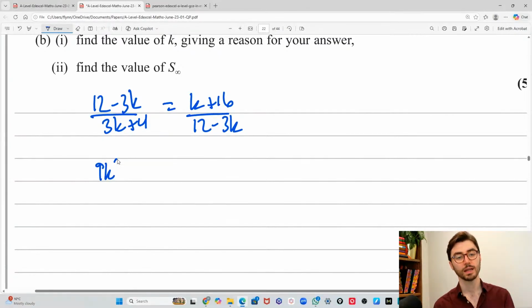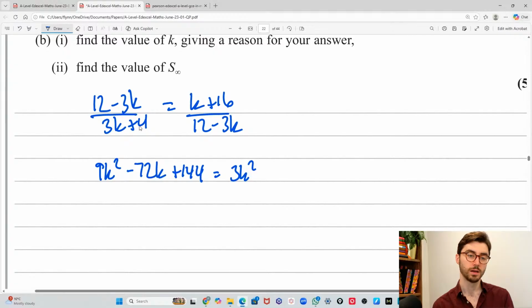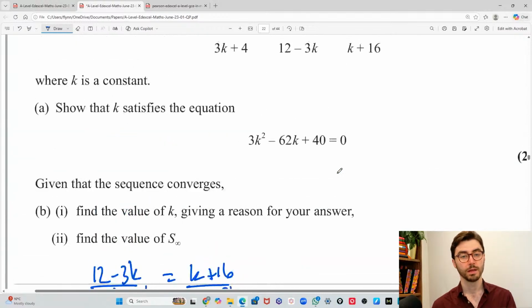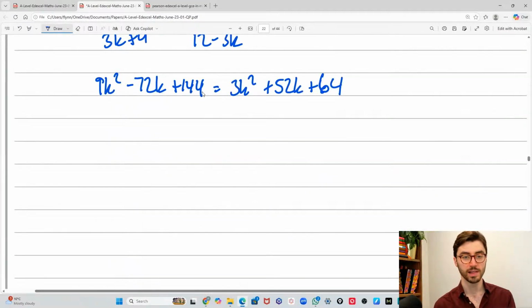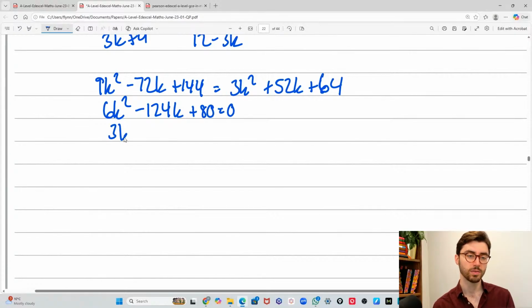So 9k squared minus 72k plus 144, from multiplying this by this, equals 3k squared plus 52k plus 64. Then bringing that across to the left-hand side, 6k squared minus 124k plus 80 equals 0, which means that 3k squared minus 62k plus 40 equals 0.